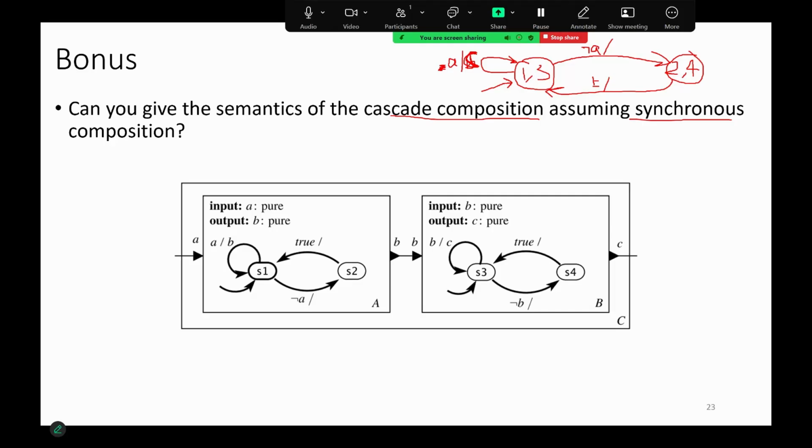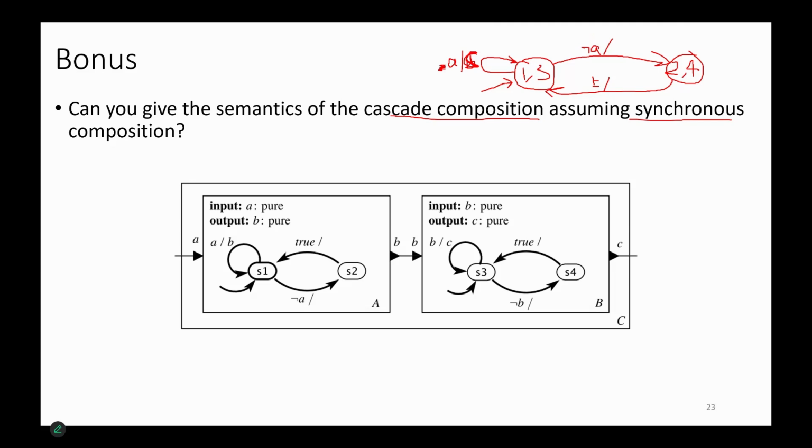If we are at 1, 3, and then, but you need to look at the semantic at all. So the input is A. So what's the status of A?